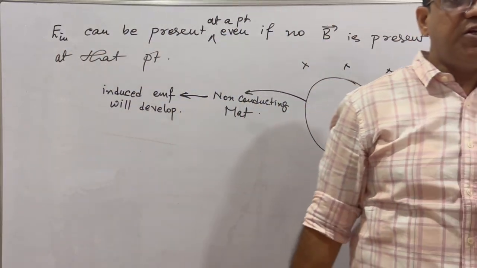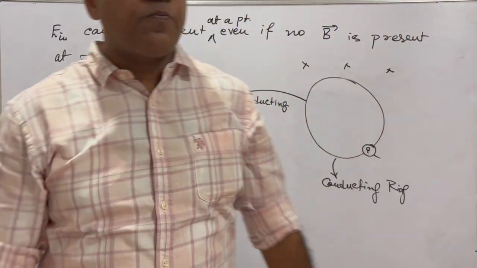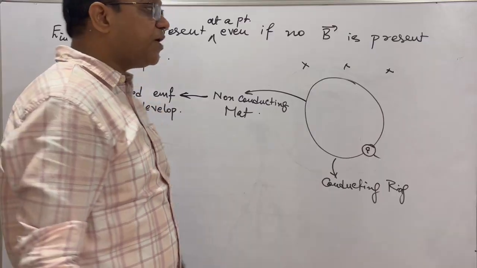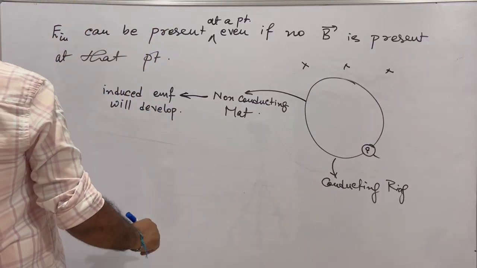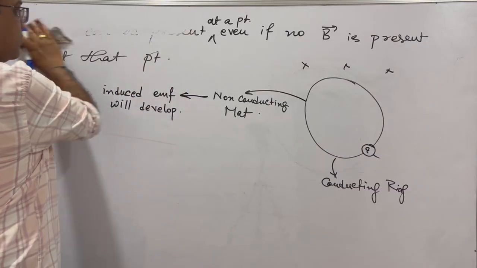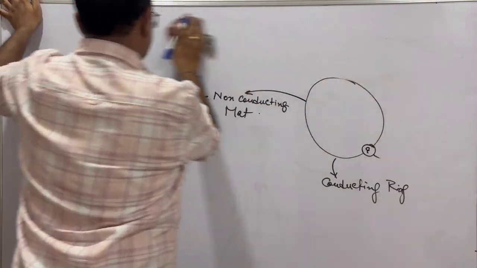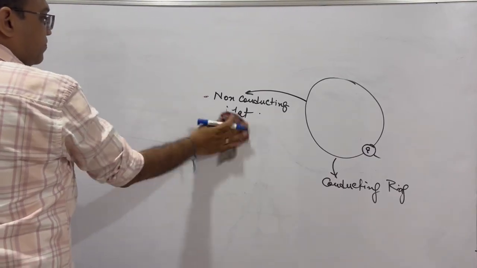Existence of induced electric field is independent of the presence or absence of any material. I am writing this statement on the board. You copy it. I am sure you will understand.